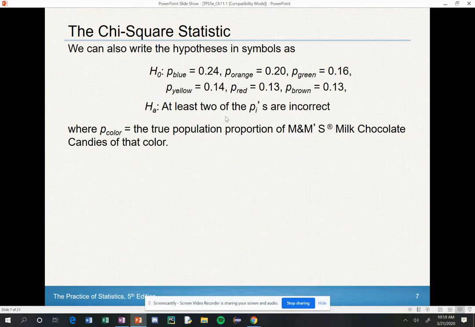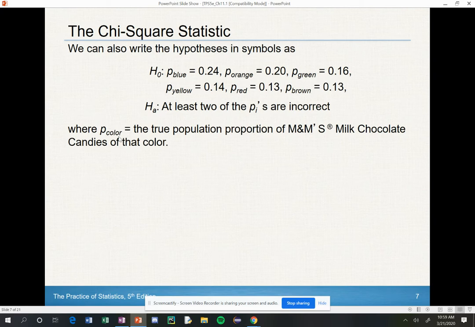You can't have just one of them be off, because if you think about this zero-sum game, if one of them happens to be higher than 24, then at least one of the other ones is going to be lower than its stated value. Because again, it all has to add up to 100% or 1 in this case.